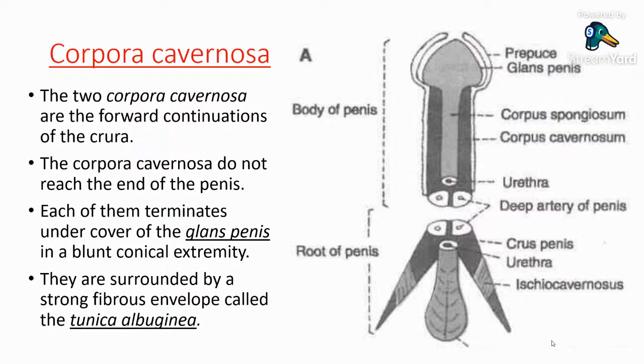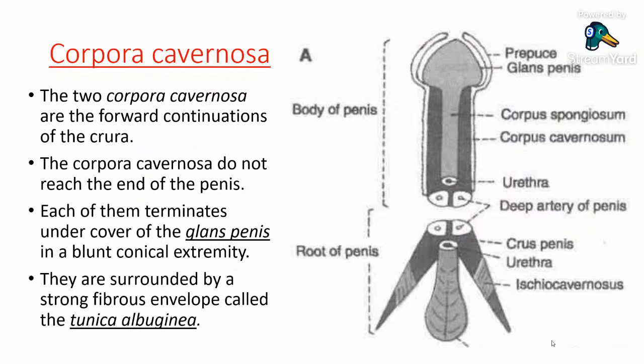Each corpus cavernosum is the forward continuation of the crura, and they are in close opposition with each other. Mostly you have dissected this part, and at that time we see how the corpora cavernosa run parallel in the body of the penis, with the corpus spongiosum in the median plane.